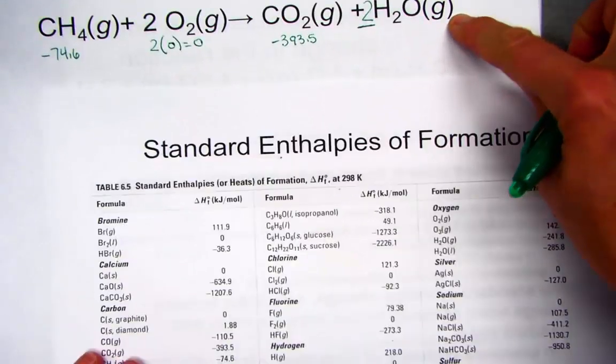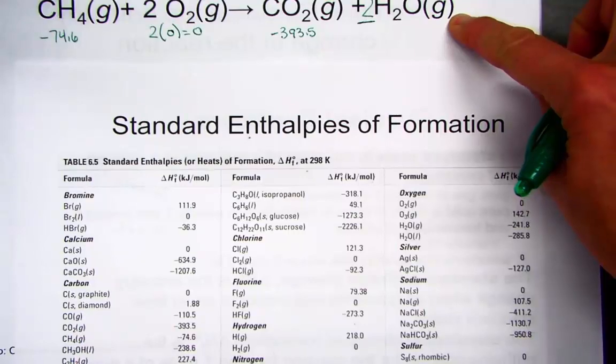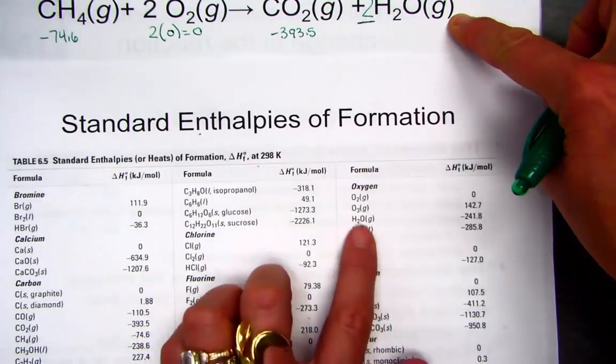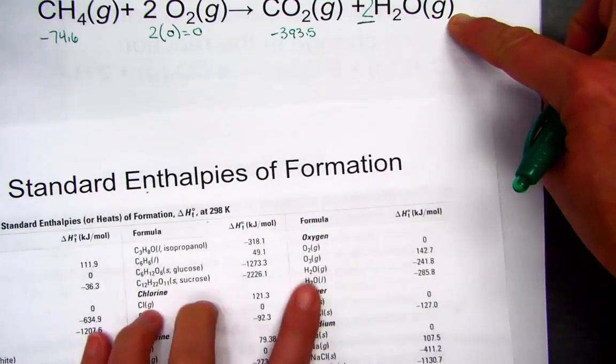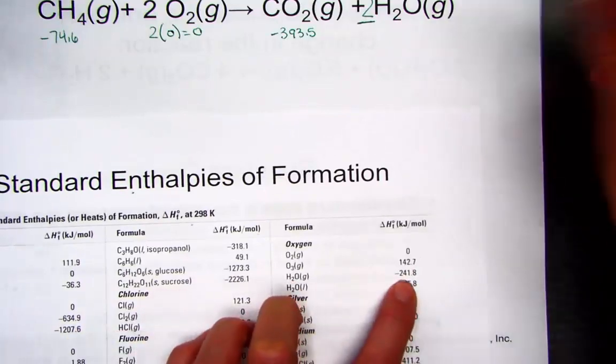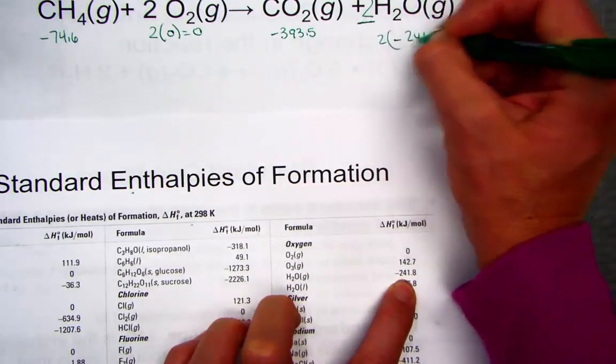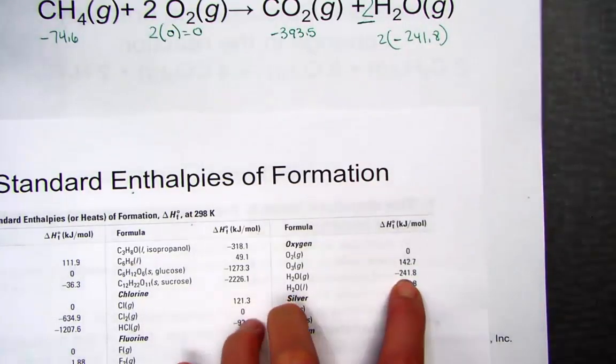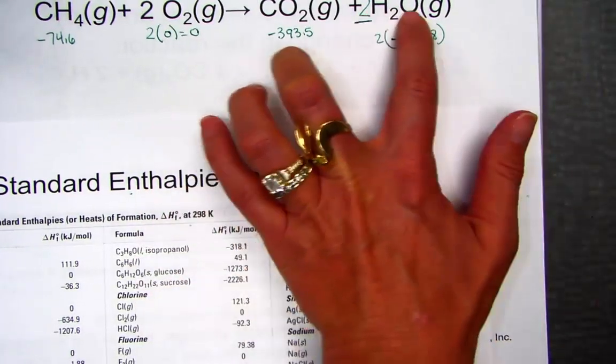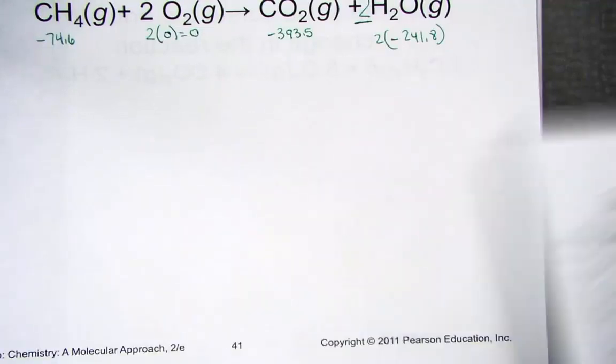And how about water gas, H2O? Water is listed under the oxygen. Water as a gas, negative 241.8, but I have to distribute the 2 through that. All right, so coefficient times the number from our chart.